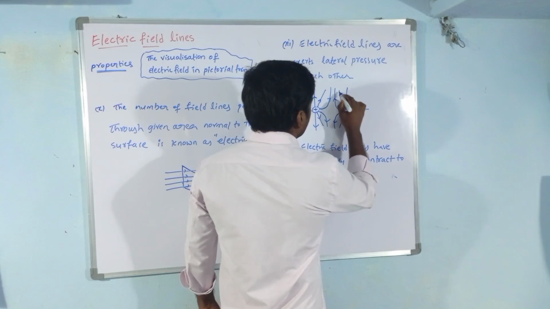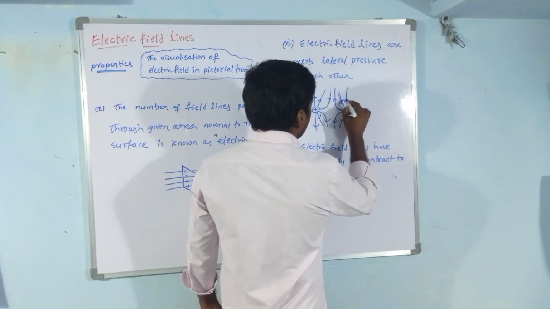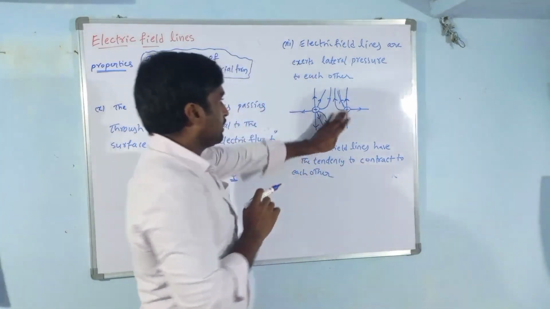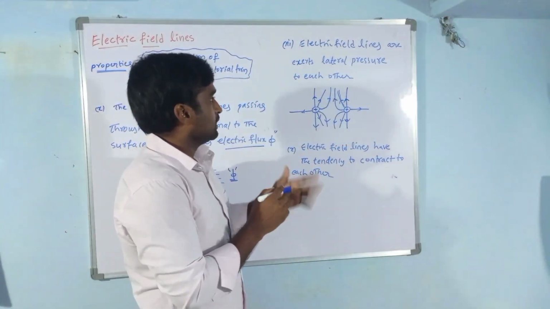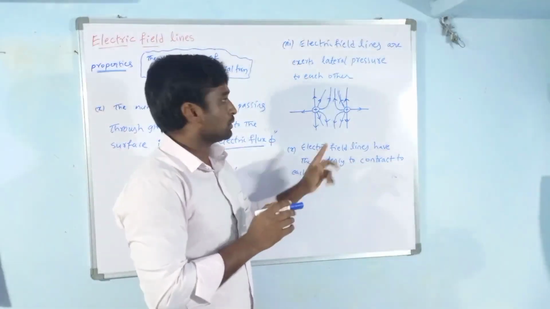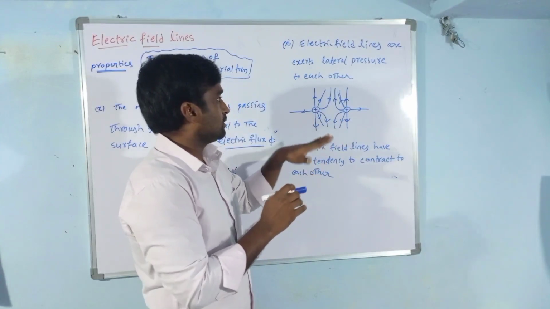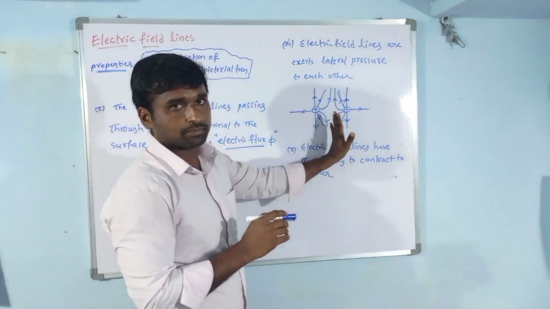This is the shape of the electric field lines. They are like this because they exert pressure on each other. Due to that pressure, the electric field lines are formed in this way.